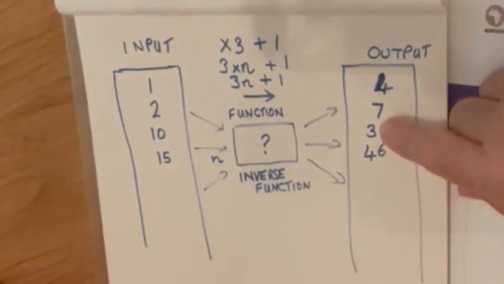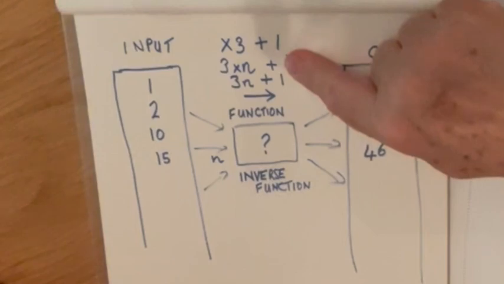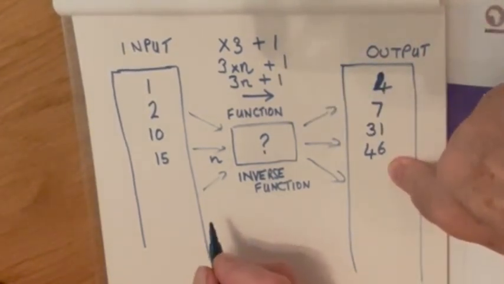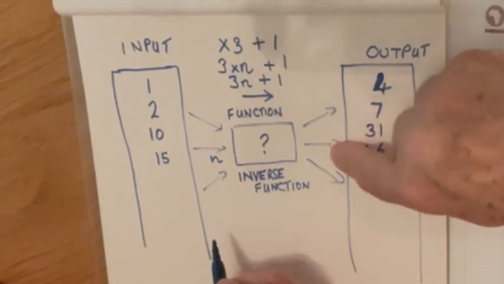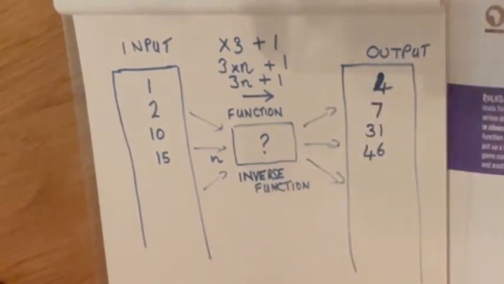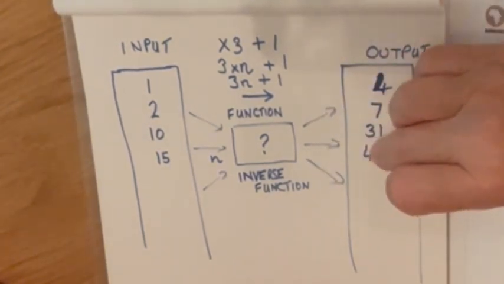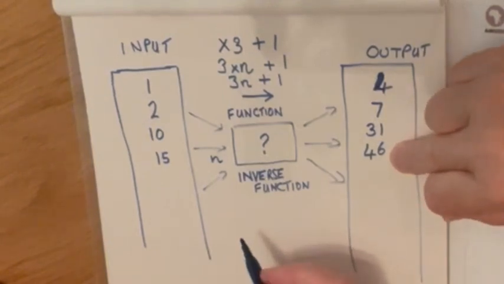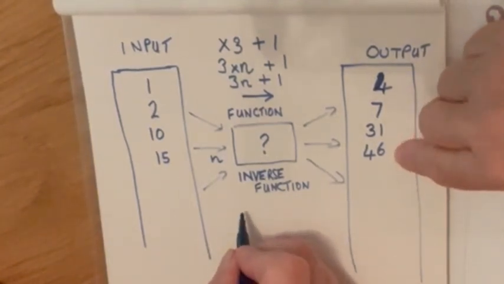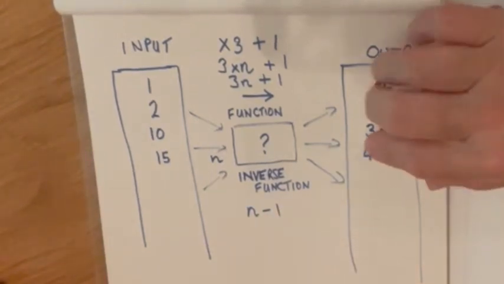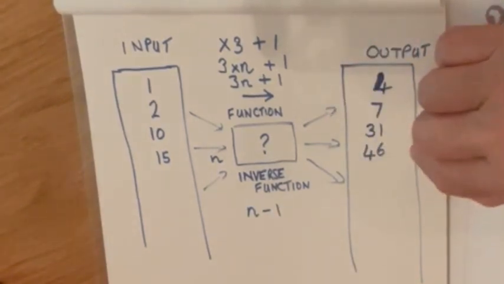So let's see what we do here. The last thing we did was add 1, so now we're going to take away 1 first before we do anything else. Are we going to call this n as well? It doesn't matter, n is just any number. So from n, we take away 1, and then we divide all of that by 3.